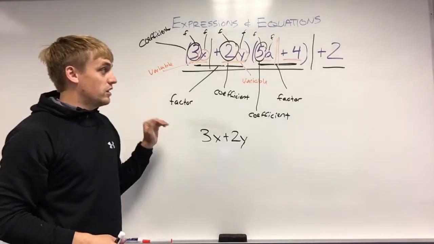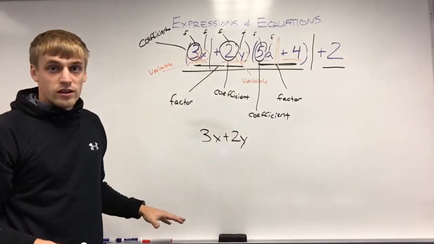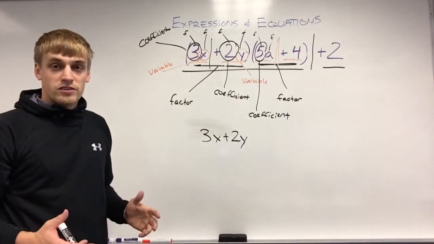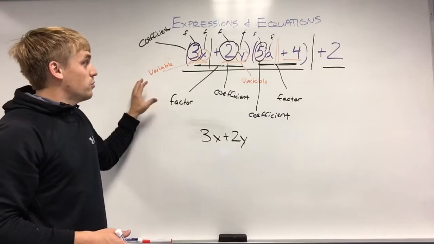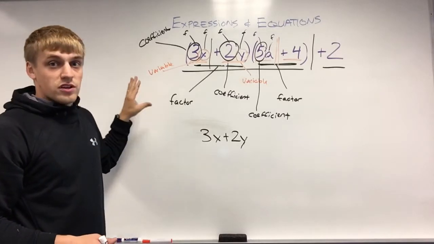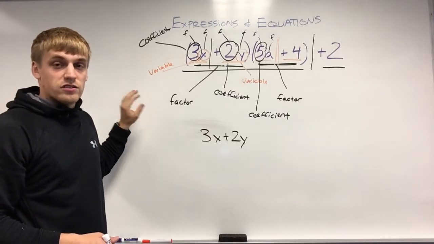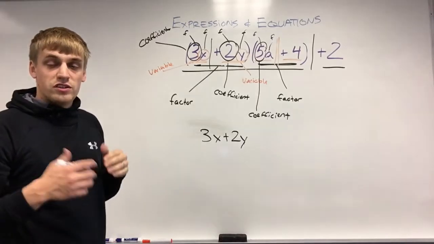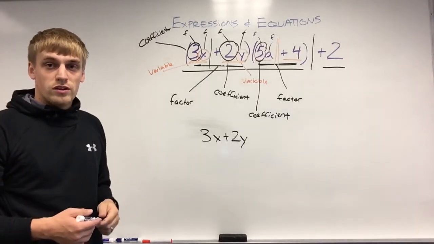So there's a lot going on here, okay? And you're probably going to have to watch this more than one time to understand it really well, okay? But variables, coefficients, factors, terms. Those are things that you need to know how to use really well.